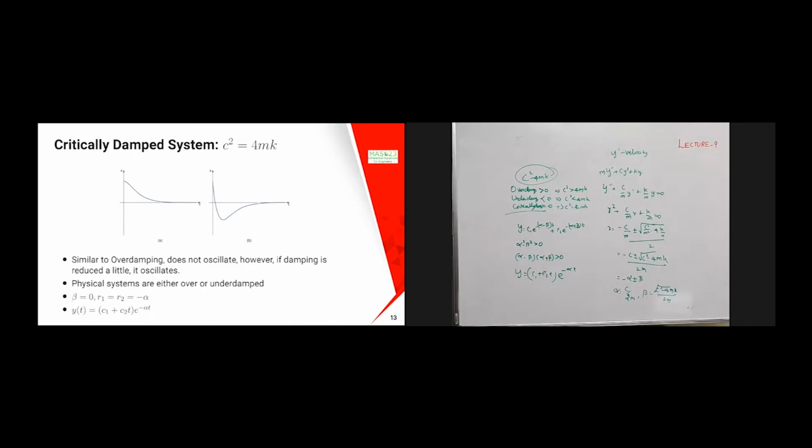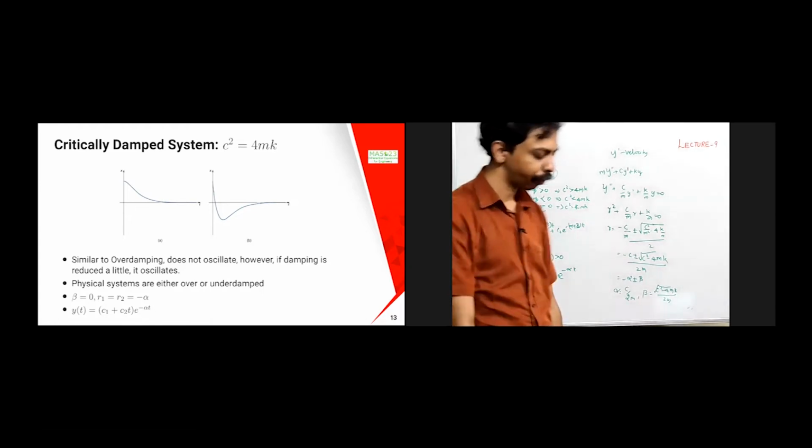If the damping is reduced a little, it will oscillate, because you may reach the c square less than 4mk case. In reality, physical systems are either over or underdamped; critically damped will mostly not happen.